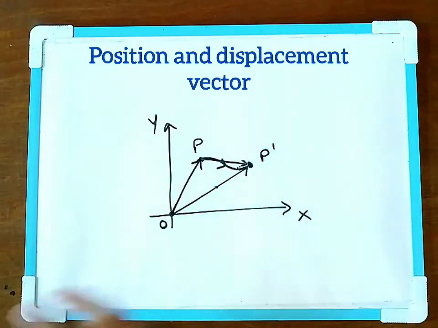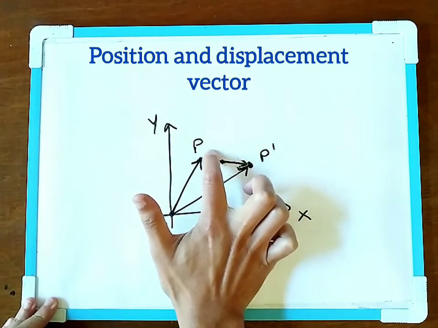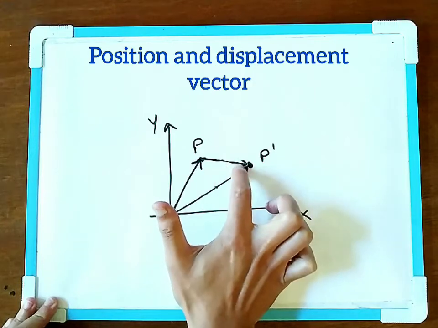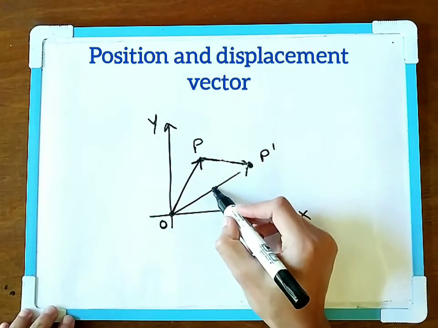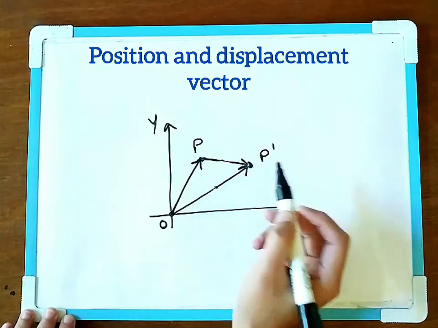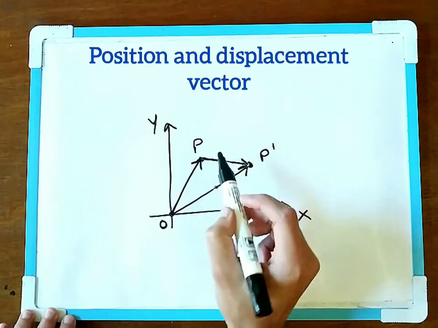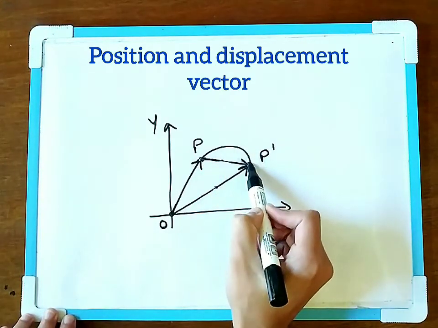Suppose the path is in this way, for clarity.